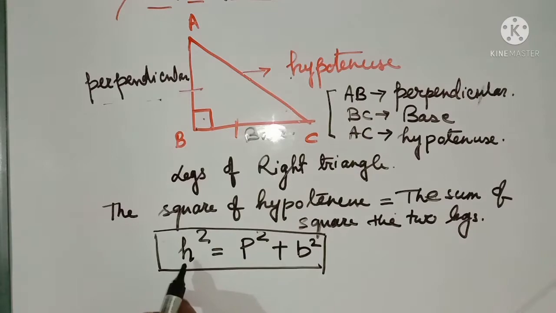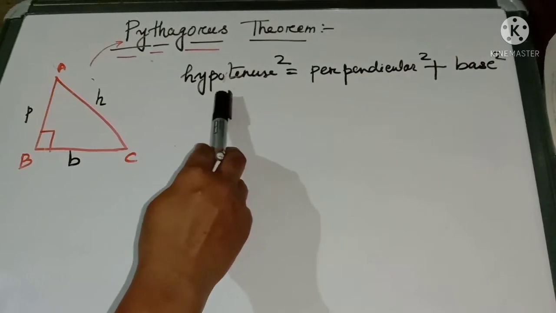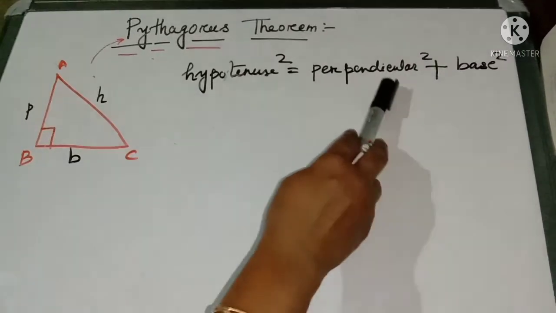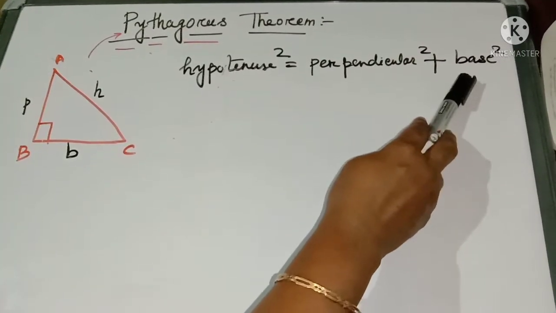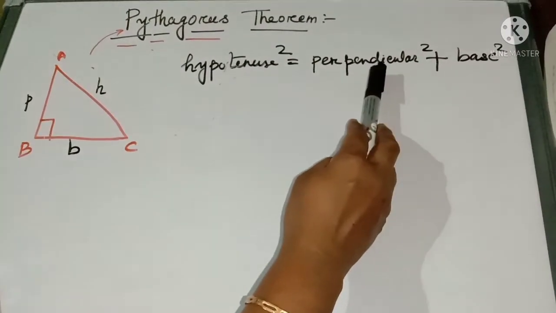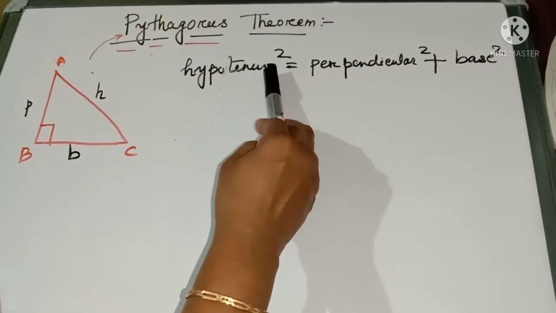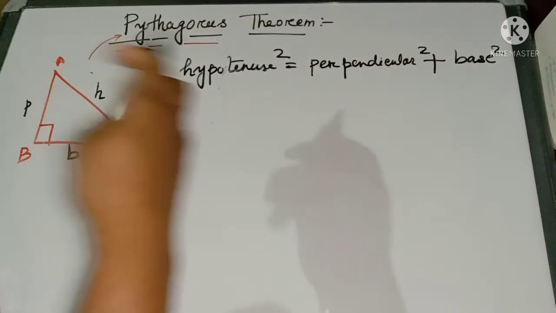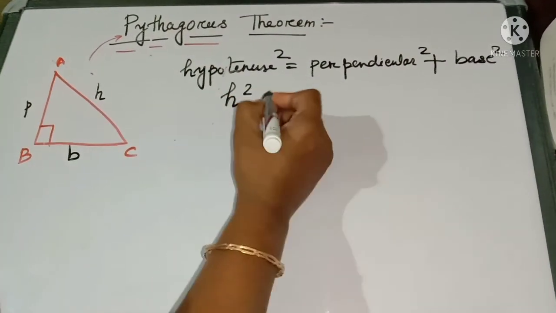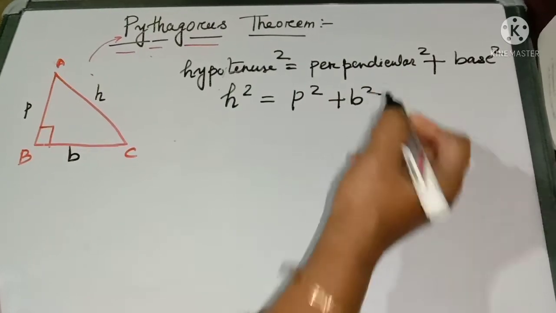Again, hypotenuse square equal to perpendicular square plus base square, meaning the sum of the squares of the two legs is equal to the hypotenuse square.